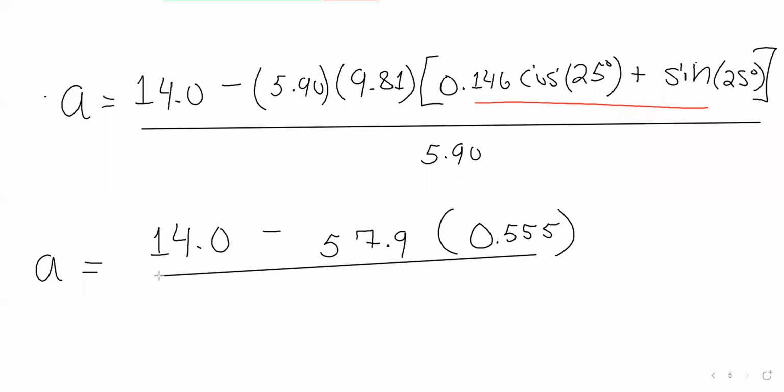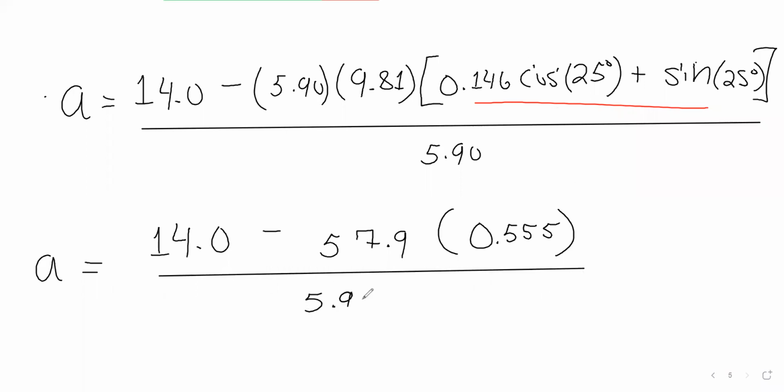Again, this is all divided by the mass, which is 5.90. So when I type this into the calculator, we get about negative 3.07. Now this is an acceleration, so it's units of meters per second squared.